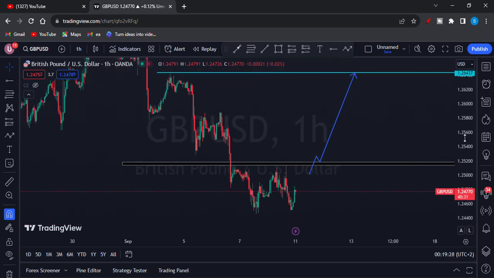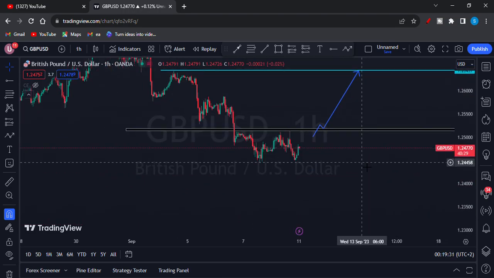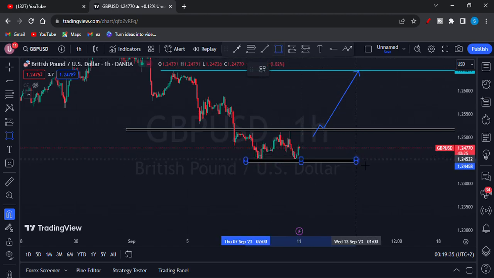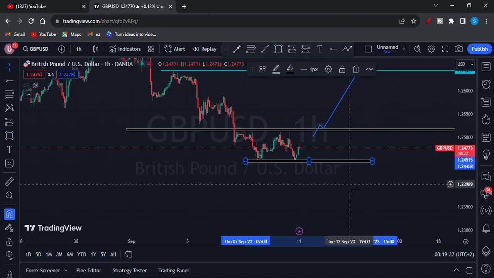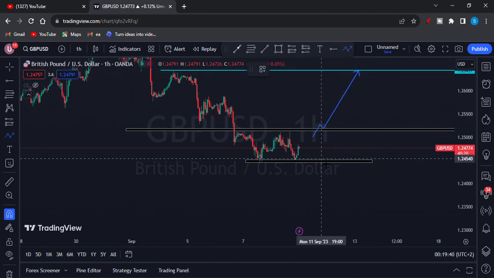And if we are selling, then we just have this tiny zone around here. That's if we are selling.